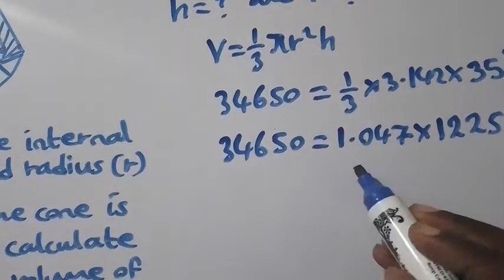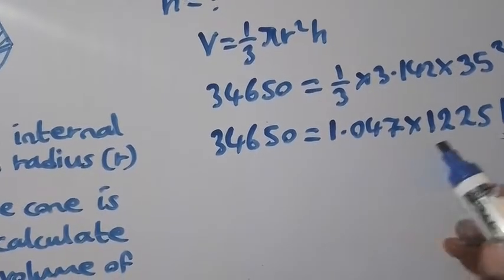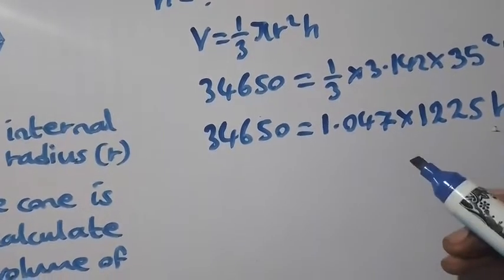So now we need to multiply 1.047 to 1,225.